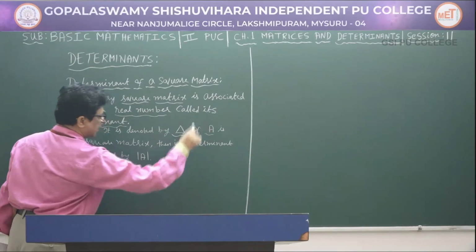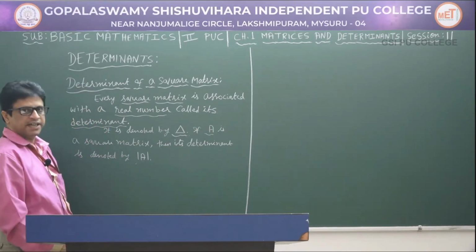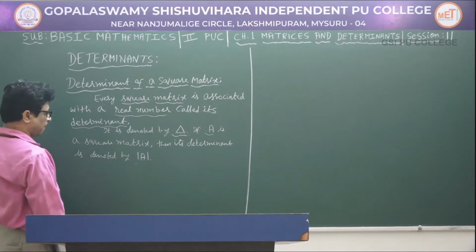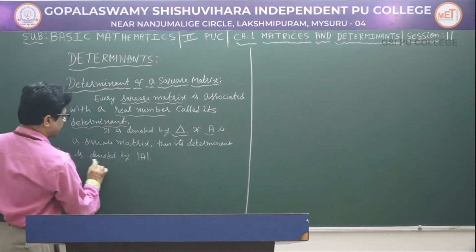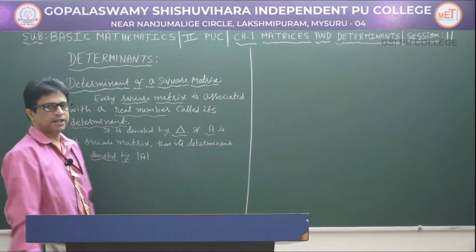Suppose we consider a matrix A, which is a square matrix, then its determinant is denoted by determinant A.